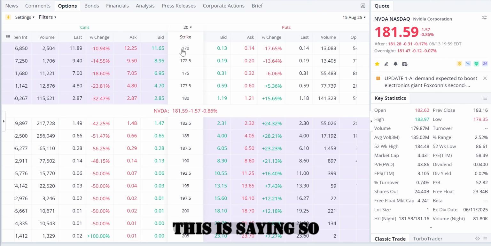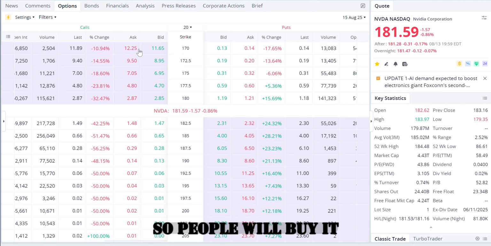So this contract right here, starting at the top, the 170 strike price, they're asking $1,225 to buy this 170 call contract, meaning the price of NVIDIA will go up.